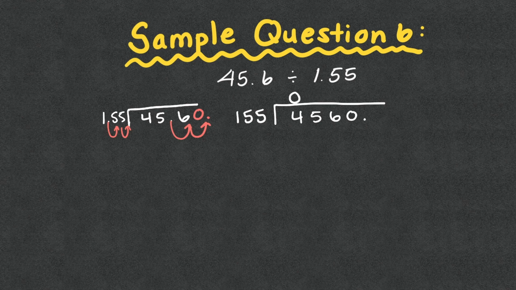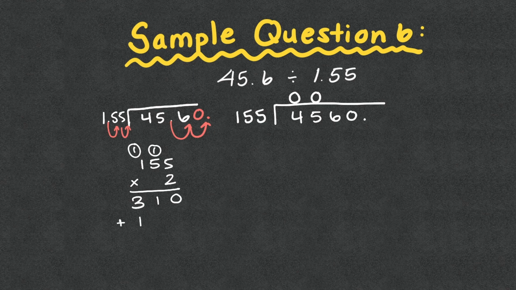So that's 0, that's 0. I know that 150 times 3 is going to get me 450. So most likely 2 is going to work. So how do I check? 155 times 2. If I'm guesstimating, that's 2 times 5 is 10 plus 1 is 11. 2 times 1 is 2 plus 3. Now some of you say 310 is really far away from 456.